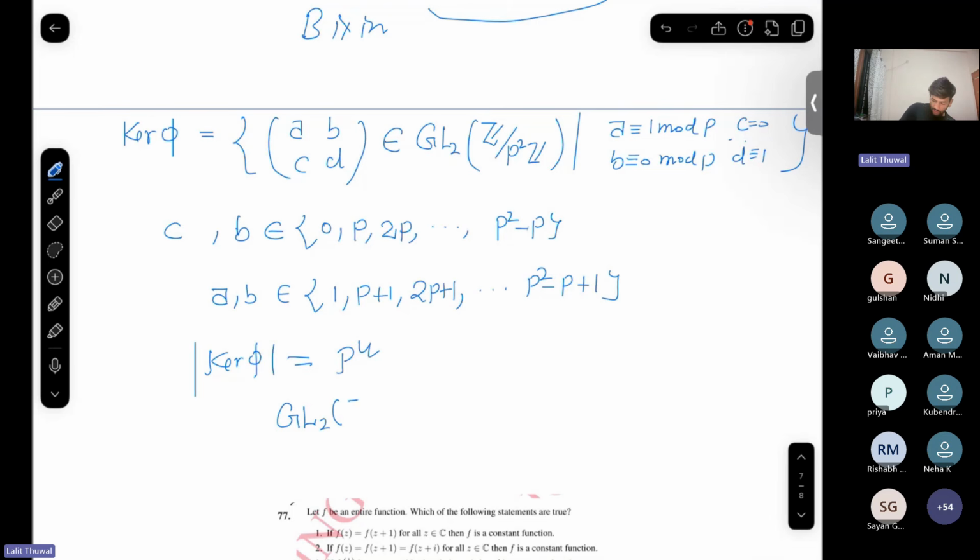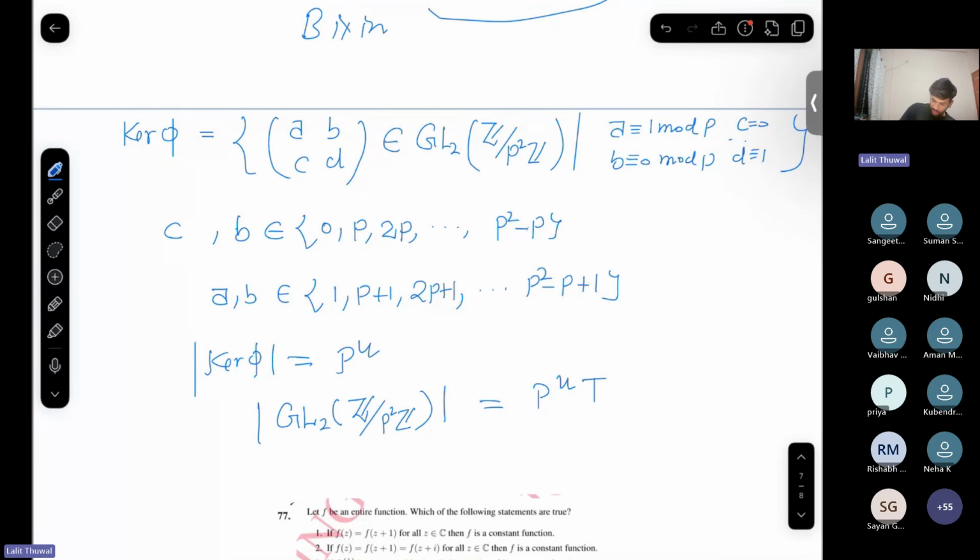Hence, by the fundamental theorem of homomorphism, the quotient by the kernel will be isomorphic to GL2 of Z_P. So its order will be the order of kernel phi into the order of GL2.